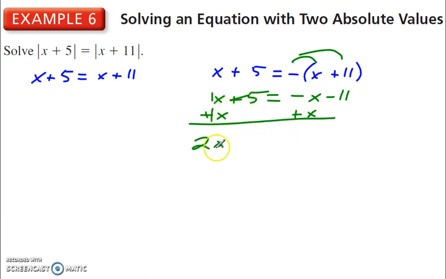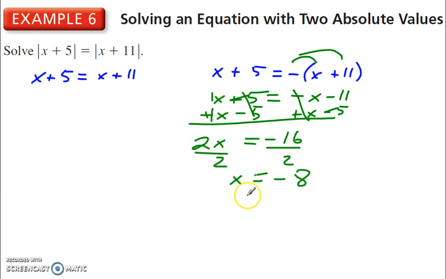And then, since I brought the variable over here and canceled it out here, I'm going to cancel out this constant. So subtract 5, this cancels out, is equal to negative 16. Divide by 2, and x is equal to negative 8.